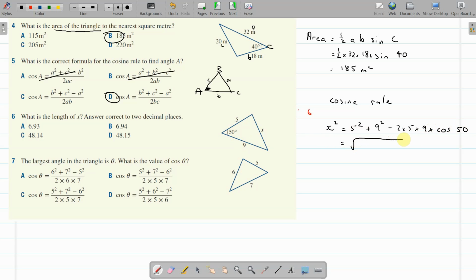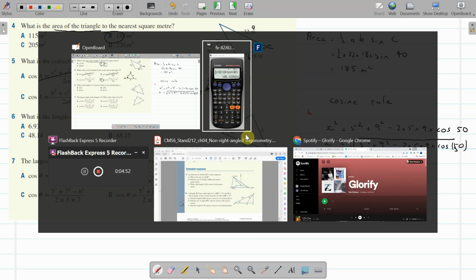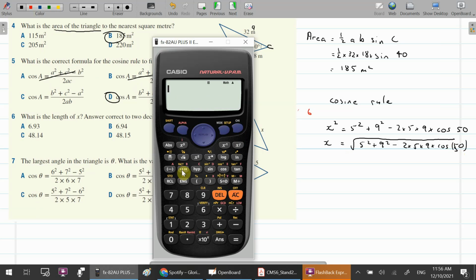Now, what we're going to do on the calculator is put all that under a square root to find out what x equals. Then go to 2 decimal places. So square root of all this, minus 2 times 5 times 9 times the cos of 50, and that's got to be in brackets. Calculator, here we go.